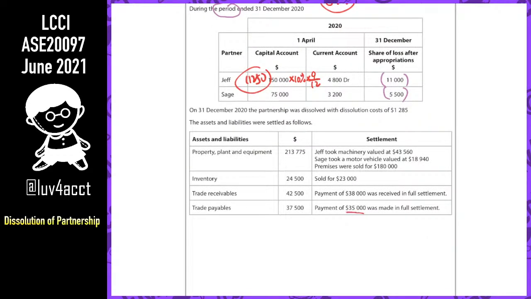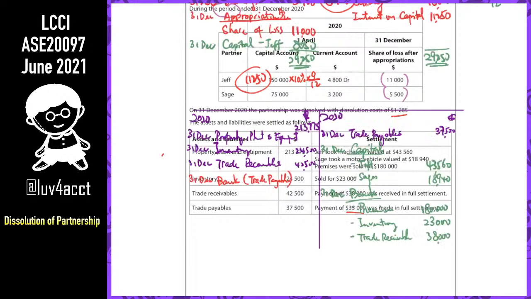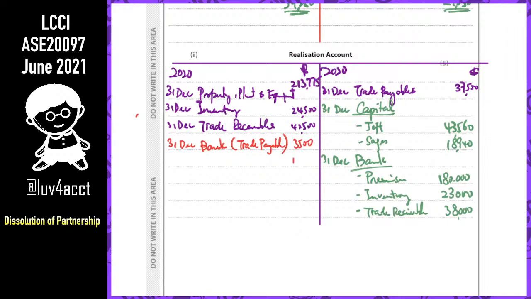One payment, and then I will also deal with another payment, that is our dissolution cost, 1,285. So 35,000 here, and then 1,285 another payment. This is the dissolution cost. So here we have finished all.